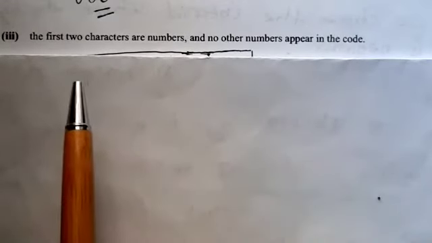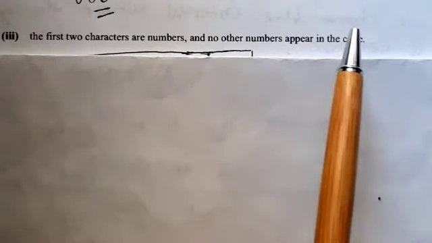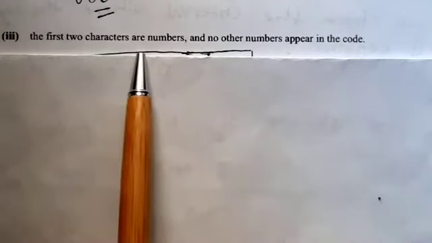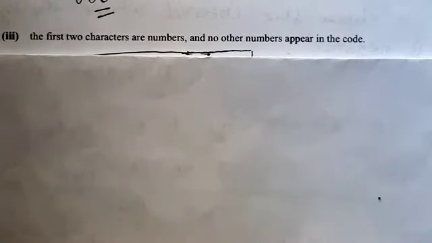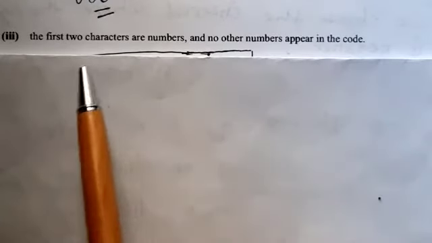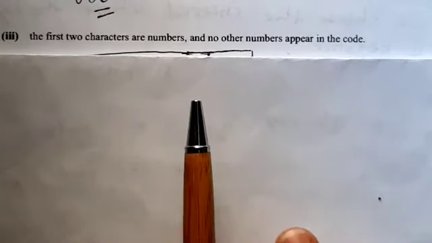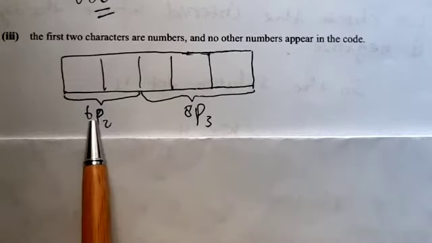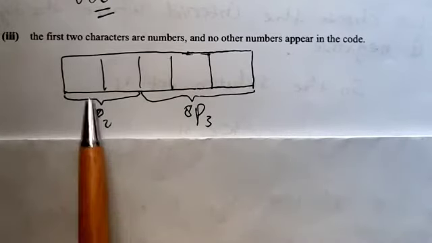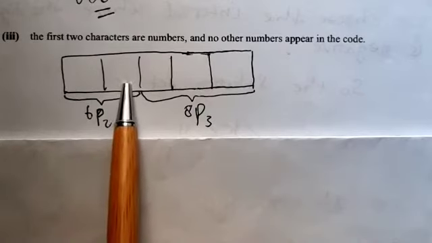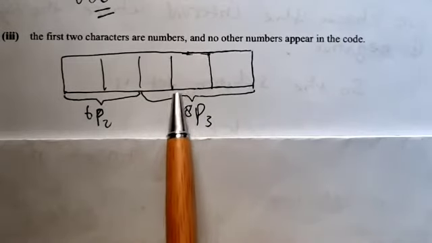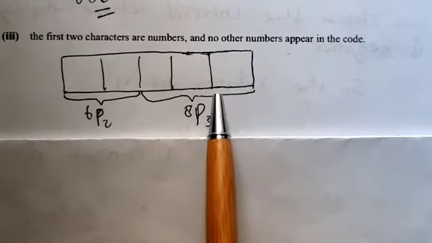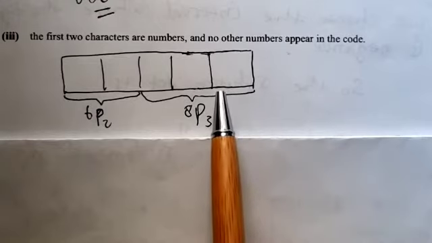Now the question is, find the number of possible codes if the first 2 characters are numbers and no other numbers appear in the code. Thus, the first 2 characters are numbers. There are 6 numbers. Thus, there are 6 permutation 2 ways for the first 2 numbers, and for the last 3 positions, the other characters, that is letters and symbols, in total 8.